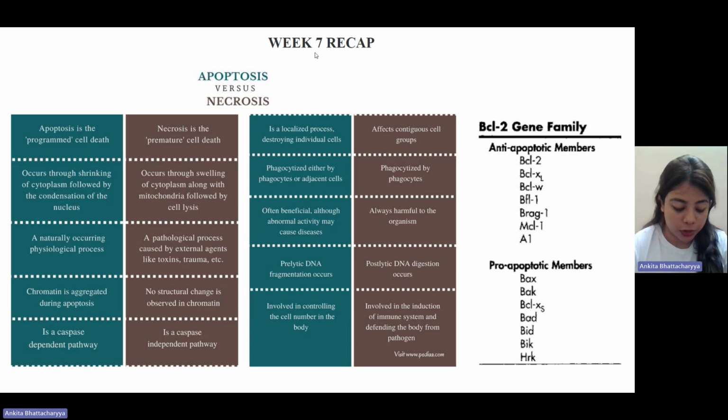Apoptosis is involved in controlling the cell number within the body, because, like I said, it has a developmental role to play as well in order to control the way in which an organism will develop. For example, one of the common understandings is your hand. During development, our hands and our feet are said to have webbing between them, because the digits are all linked to each other by flaps of tissue.